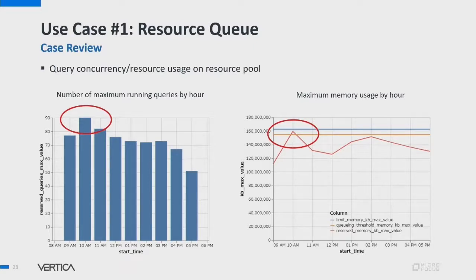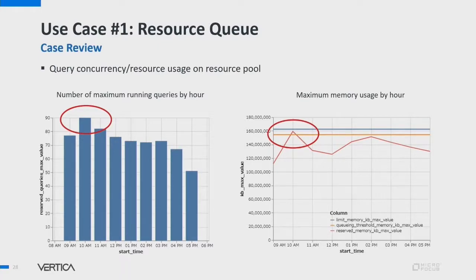Look at the graph on the right. This graph shows the max memory usage by hour. The blue line is the max memory size of the resource pool. The orange line is the threshold of the memory size in use. If the memory usage by running queries exceeds this threshold, the resource requests by new incoming queries and running queries are placed in the queue.